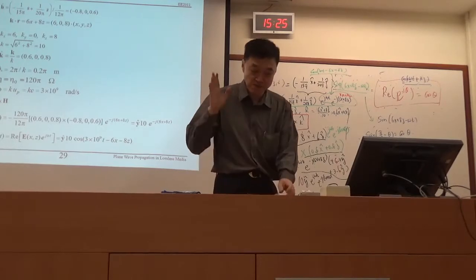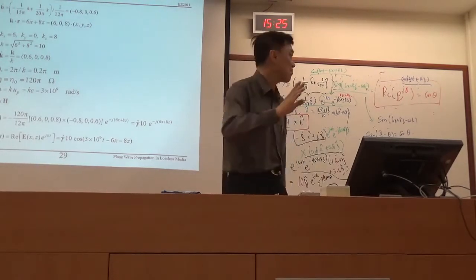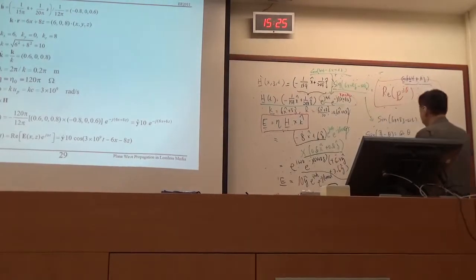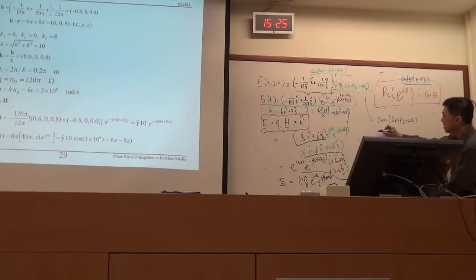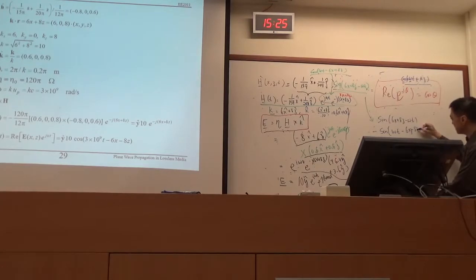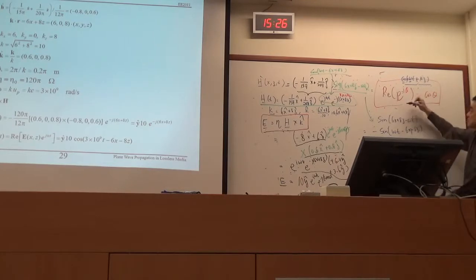Or if you have a problem with the order, this can be equal to minus sine of omega t minus 6x minus 8z, because cosine of minus theta equals cosine theta, but sine of minus theta equals minus sine theta.